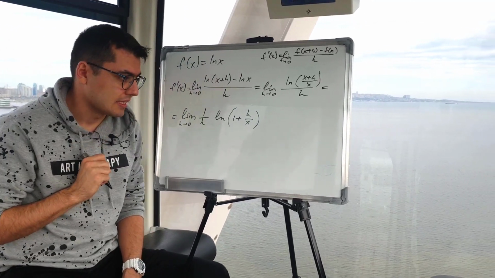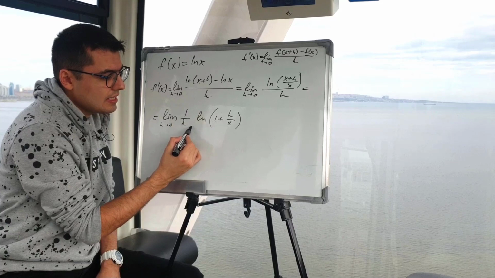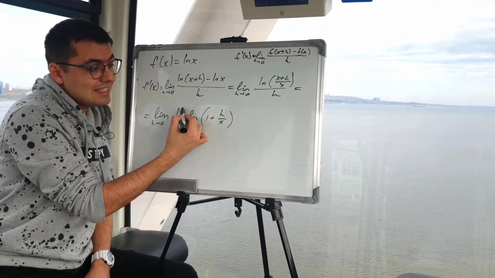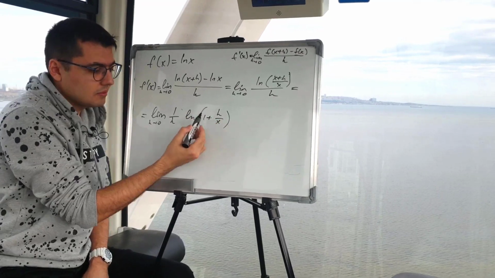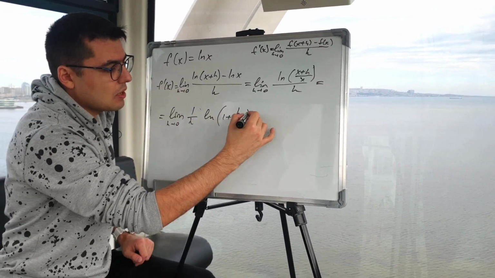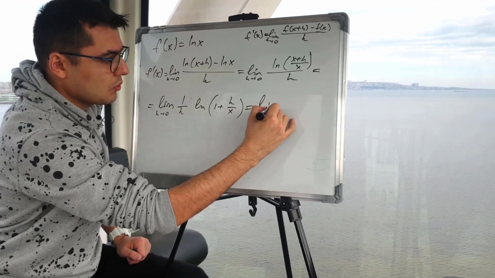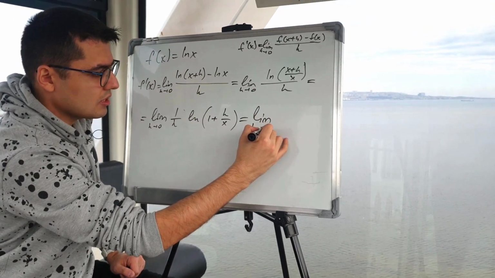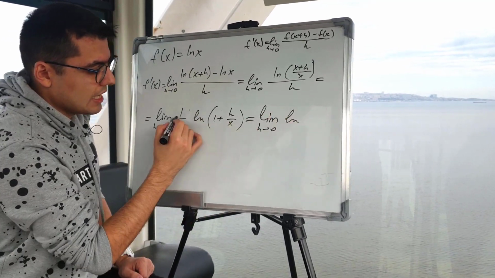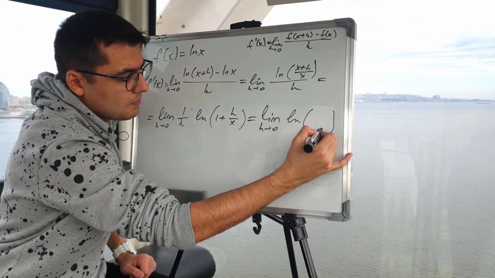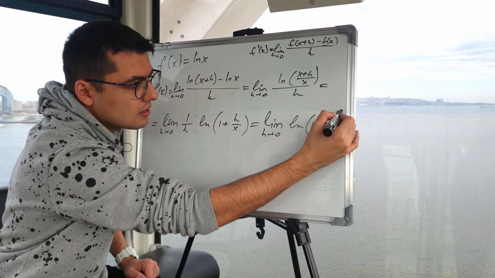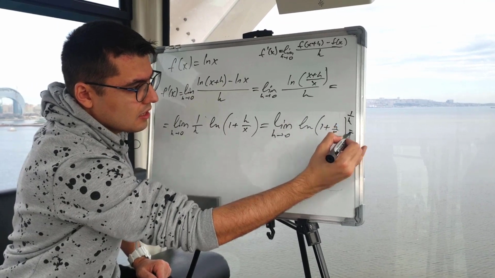And the second property is that I can move the thing that is in front of logarithm to the inside, but as a power. So 1 over h will move inside as the power. So I will get h approaches 0, ln, no more 1 over h in front, 1 over h will be inside, ln 1 plus h over x, and this thing is in the power. Great.